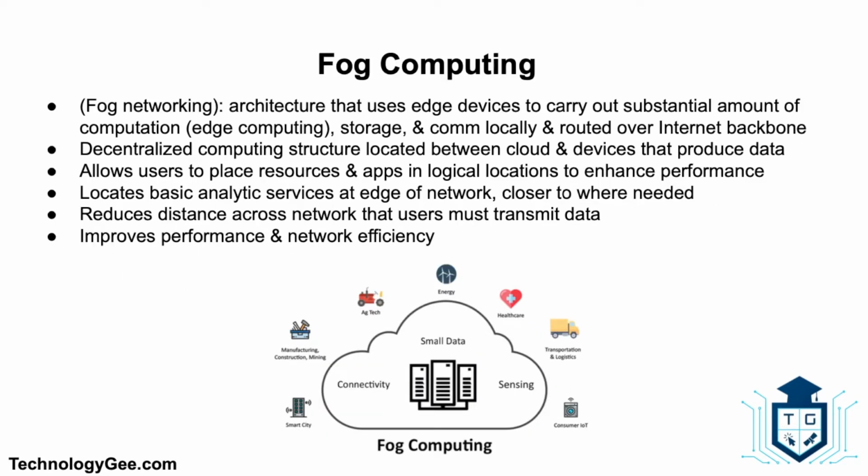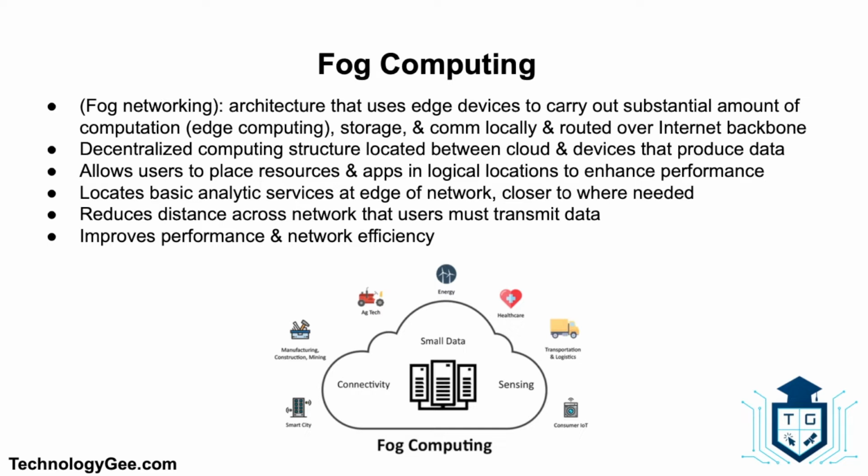Next, we have fog computing, also known as fog networking. This is an architecture that uses edge devices to carry out a substantial amount of computation, also known as edge computing, storage and communication locally and routed over the internet backbone. Fog computing describes a decentralized computing structure located between the cloud and devices that produce data.